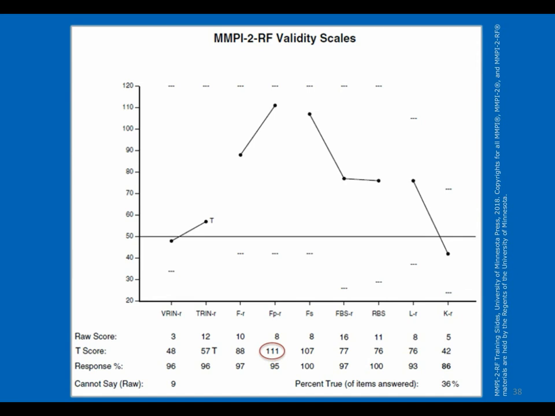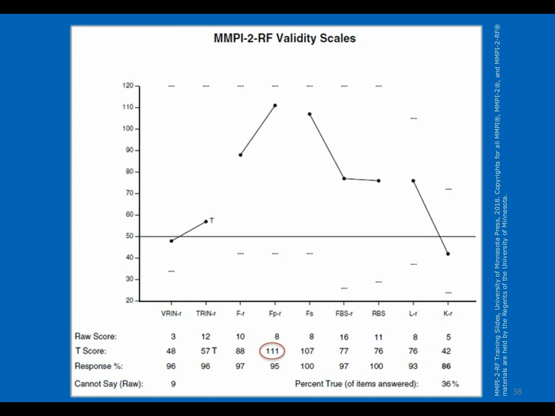I want to highlight here the FP scale. It's at a score of 111. Now the highest cutoff for FP is 100, and this is one of those cutoffs that invalidates the substantive scales of the test. So in this example, we would not interpret the substantive scales because the score is greater than 100 on FP.